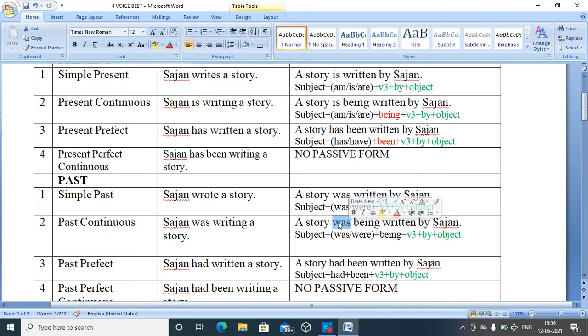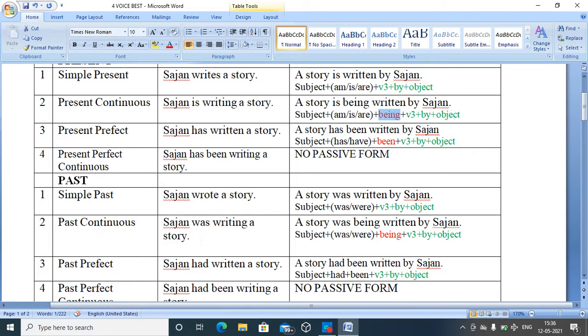Was or were is already given. Here too, this tense gets the benefit of an additional term, being. So you can easily identify that. With the present continuous tense passive voice, there is a constant, being.